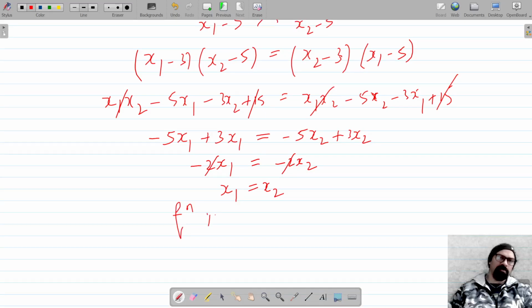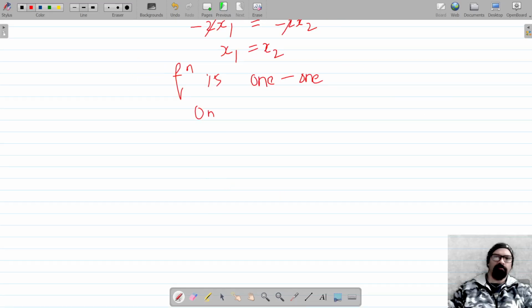Now let's check this function for onto. So how do we check this function for onto? We have to show that for every y there is an x, and our function is f of x is equal to x minus 3 upon x minus 5.